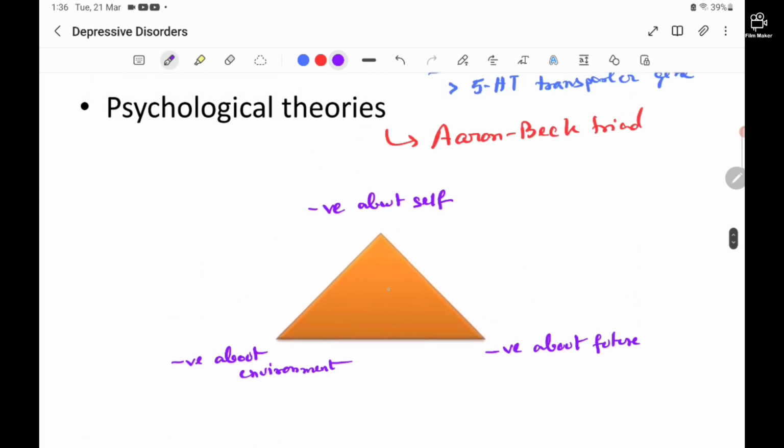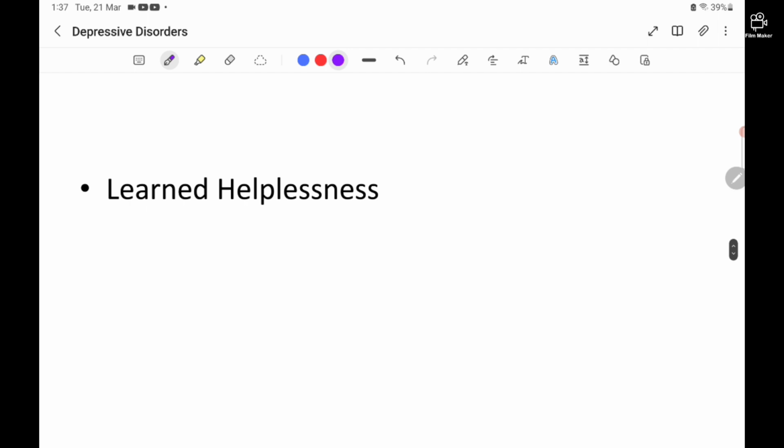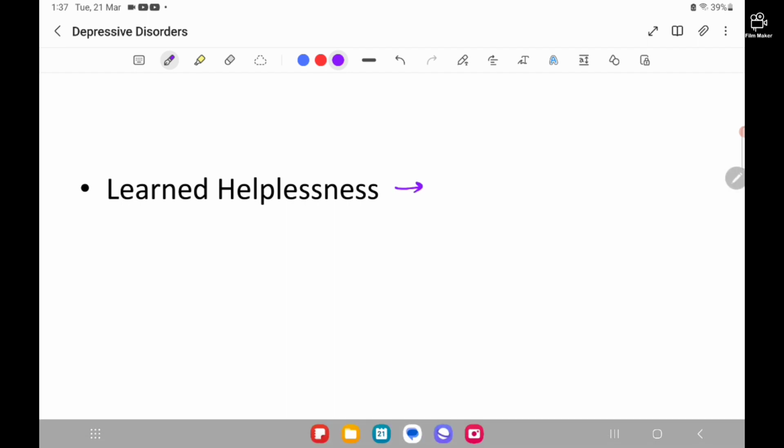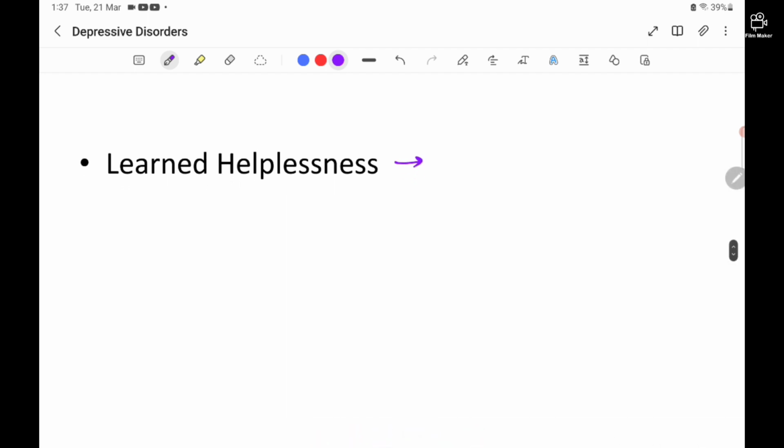This is Aaron Beck triad. And another etiology is learned helplessness. The patient thinks he has no control on events happening around him, and there is loss of motivation to act. So he feels helpless, no control on events happening.